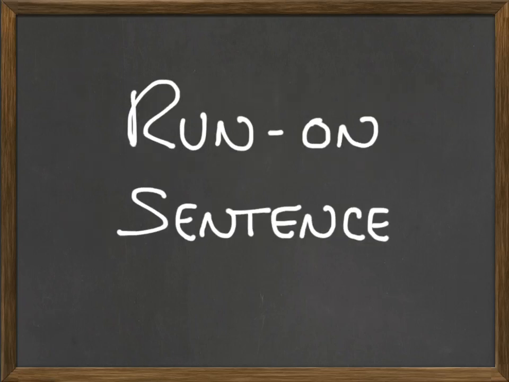Very often when you have two independent clauses, or more than two, in a sentence, you have a run-on sentence if those independent clauses are connected using commas instead of semicolons. So you've all kind of run into one of those sentences. If you haven't written it, you've read it, where it just seems to keep going forever and it has all these subjects and verbs in it and you get confused.